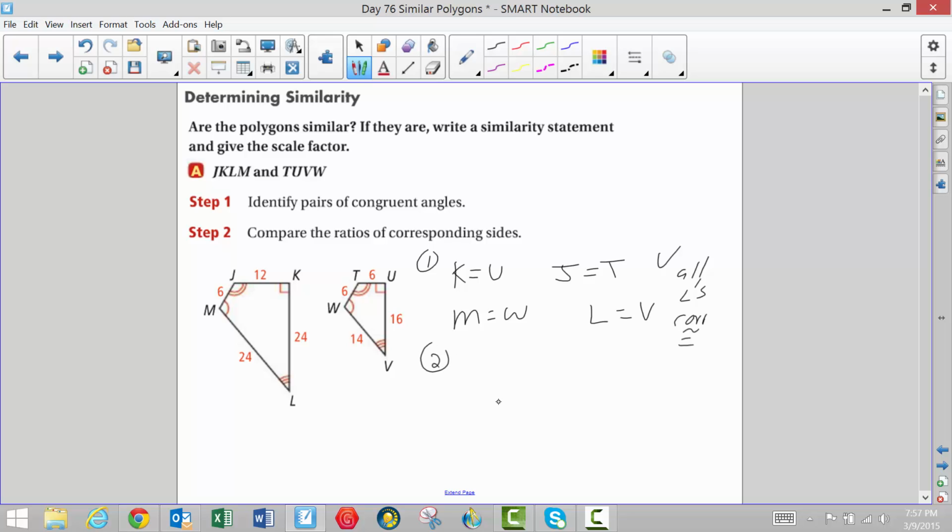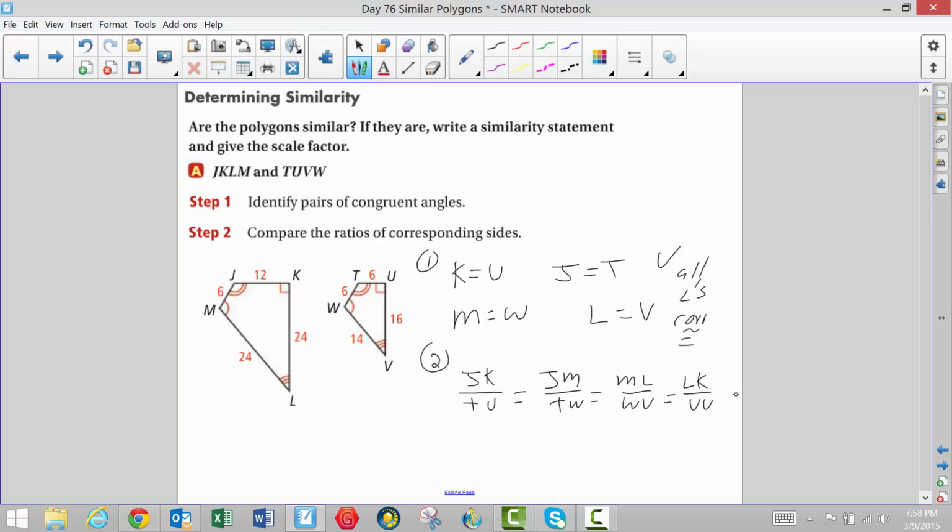Step two, I need to now make sure that my corresponding sides all have the same ratios. Okay, well, I need to know, is JK over TU the same as JM over TW? We have ML over WV, then we have LK over VU.